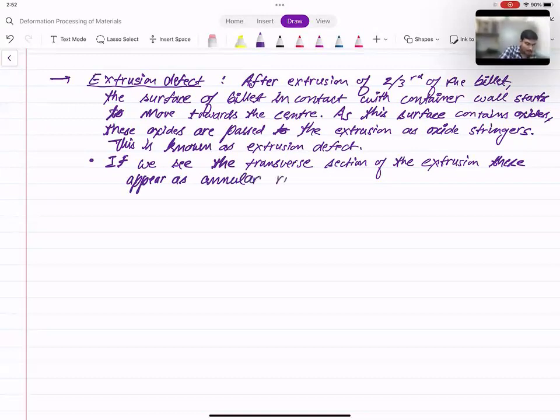So it was the major defect which is observed in the case of extrusion process.